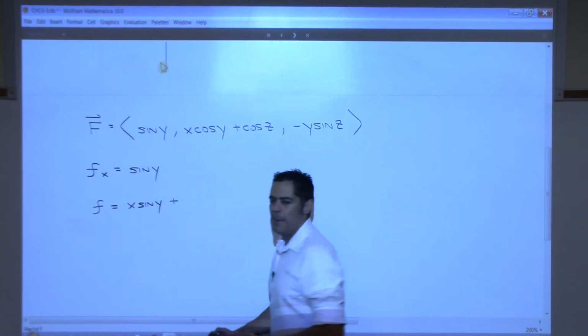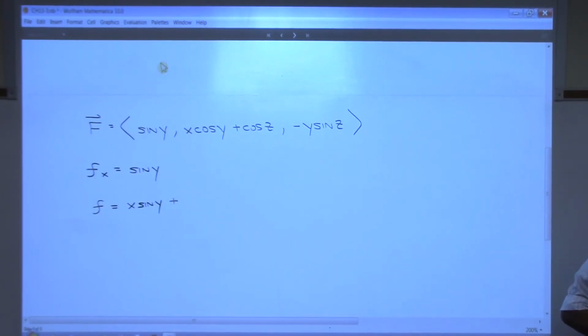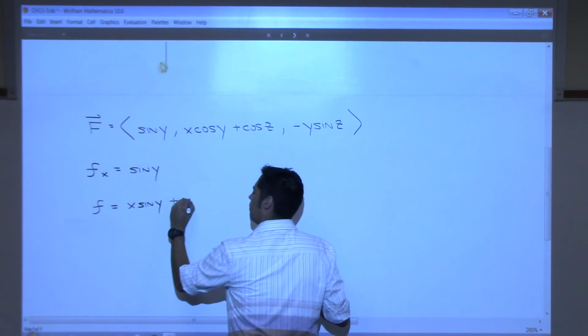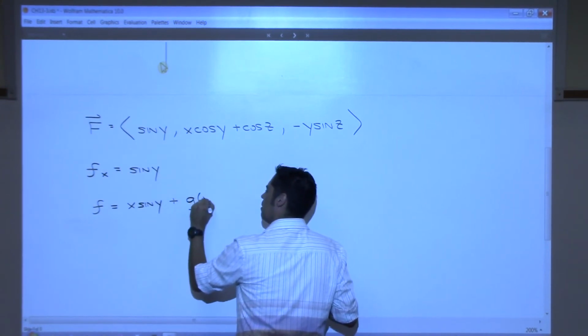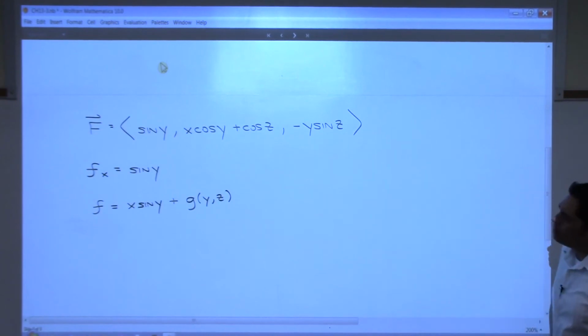Plus, potentially here, y's and z's that are mixed up somehow. So I put here maybe g of yz. Let me make sure I copy this right. Sine y, cosine z, negative y.